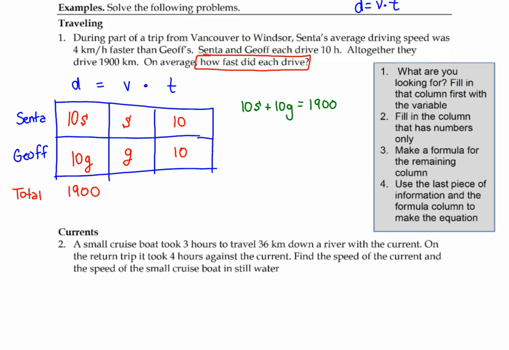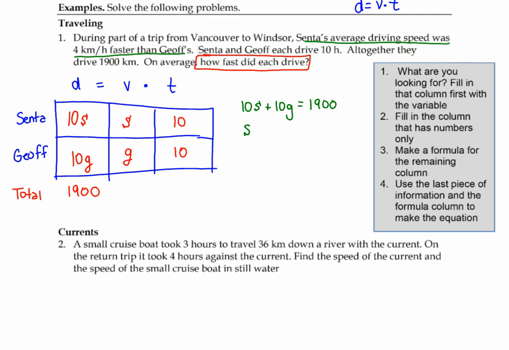Now, we have one more formula we need to get, and it's probably going to come from where the variables are. We don't have a total. So they must have given us some other information about speed. What did they tell us about speed? Okay, so Senta's was 4 kilometers per hour faster than Jeff's. So how would we make that equation if one's 4 faster?